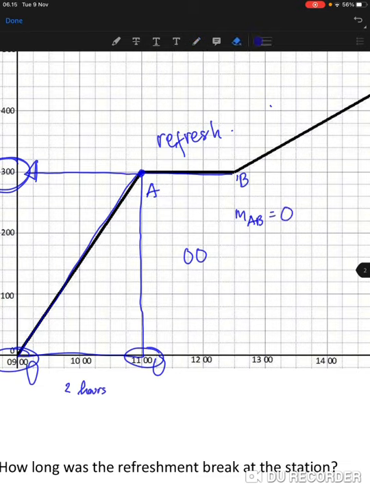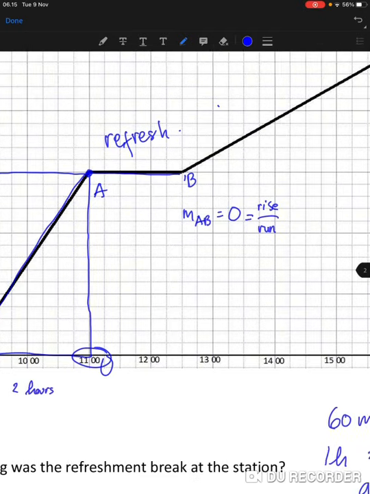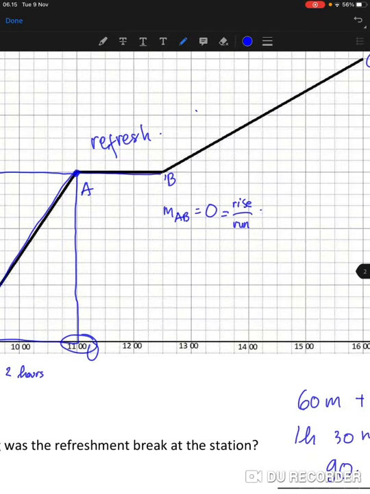It is because when you have rise over run, or vertical over horizontal, there is no rise because it is constant. There is no vertical change, over the run from A until B here. The B here is going to be 12:30. You have 1 hour and a half, right? 11 o'clock until 12:30 means 1 hour and a half.